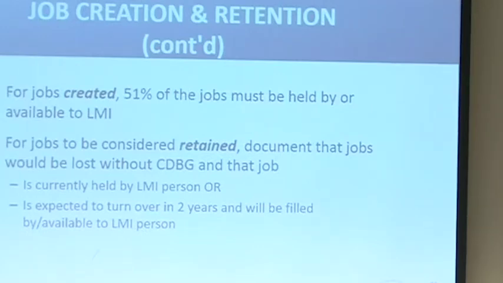For the retained category, you're going to document that jobs would be lost but for the fact that CDBG funds are being used. Now, this is more complicated than you think. The burden of proof is on you.